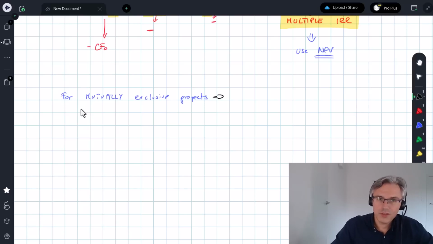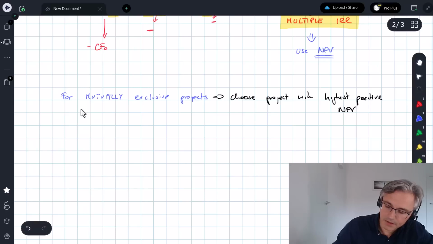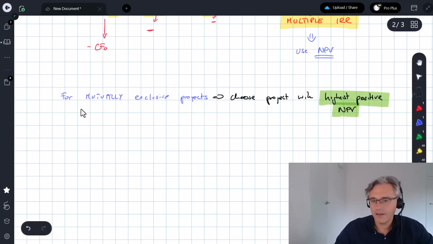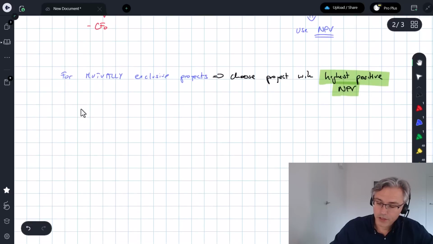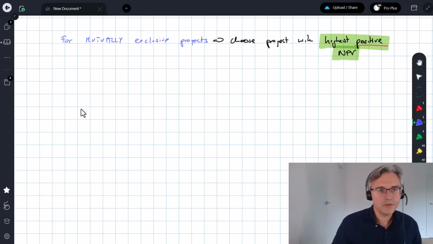Always choose the project with the highest positive NPV, i.e. let NPV be the deciding criterion, not necessarily the IRR. But make sure you choose the highest positive NPV project. Don't choose the project with the highest NPV when all the NPVs are negative. That means you will be destroying value.